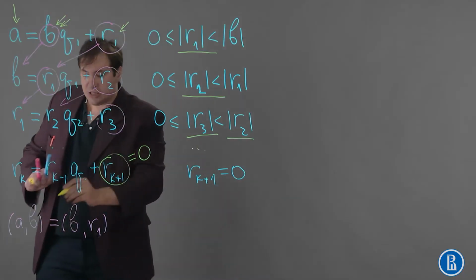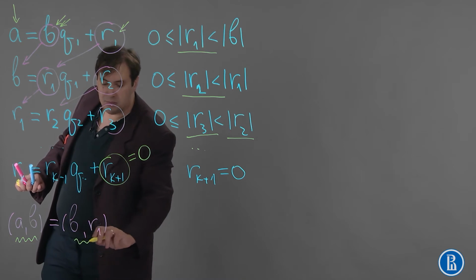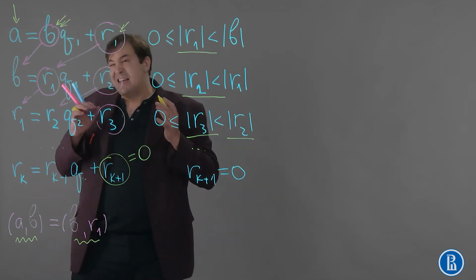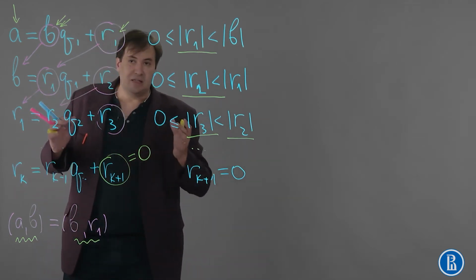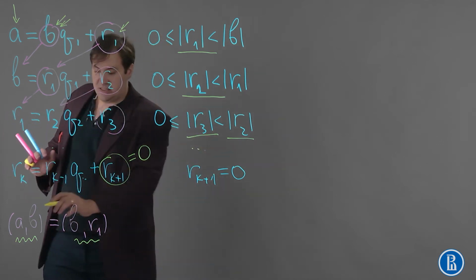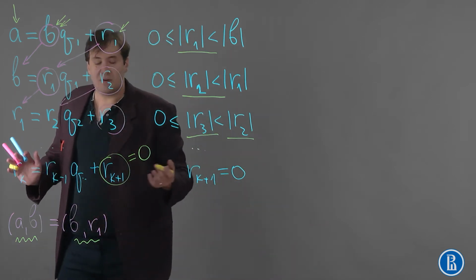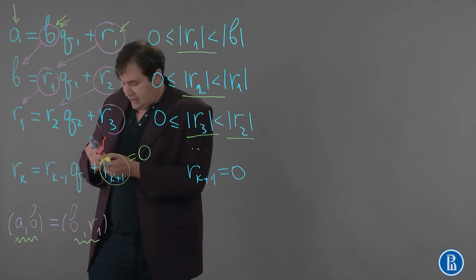So the pair A, B and the pair B, R1 have the same common divisors. Therefore, the greatest common divisor of A and B is equal to the greatest common divisor of B and R1.